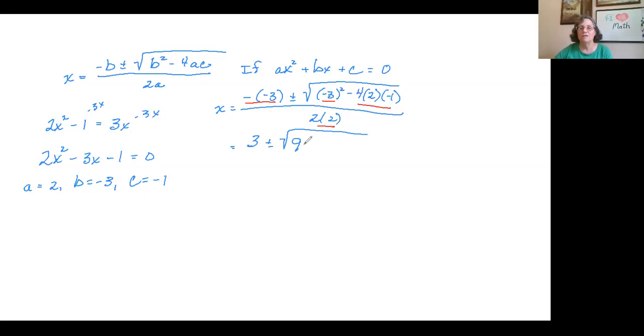Because there's 2 negatives, this is going to be plus. 4 times 2 is 8, times 1 is still 8. Over 2 times 2 is 4. So we've got 3 plus or minus the square root of 17 over 4. There's nothing we can do with this. We could write it, if we wished, as 3/4 plus or minus the square root of 17/4. But I don't see that that's really going to get us anywhere.